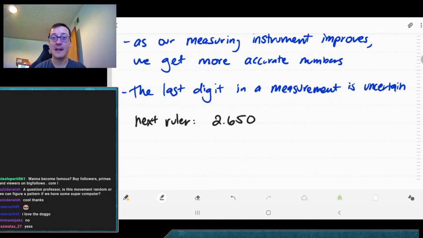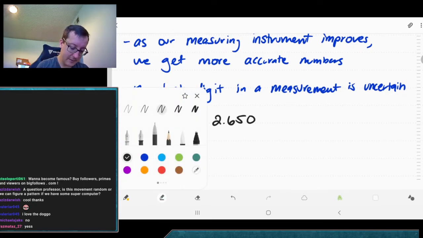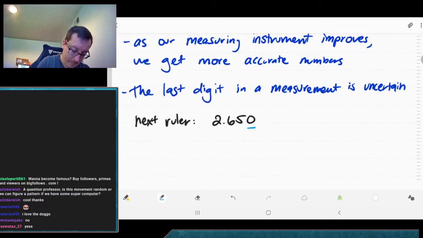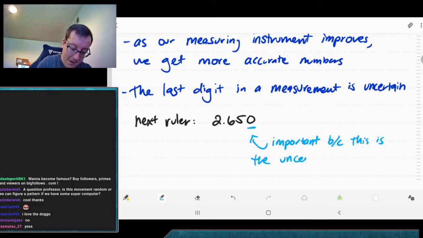It's important that that 0 is there, because now that tells us that this is now the uncertain digit. Maybe it looks like it's right on the line, the 2.65 line. Maybe it's right there.